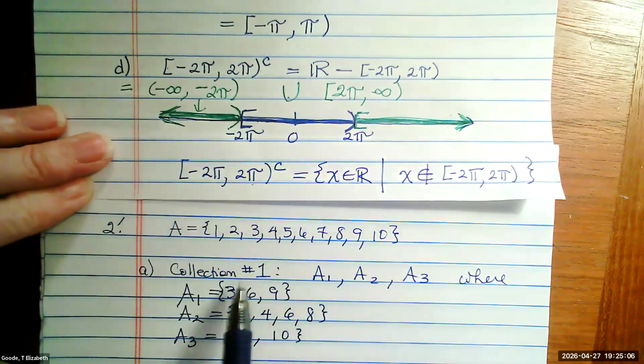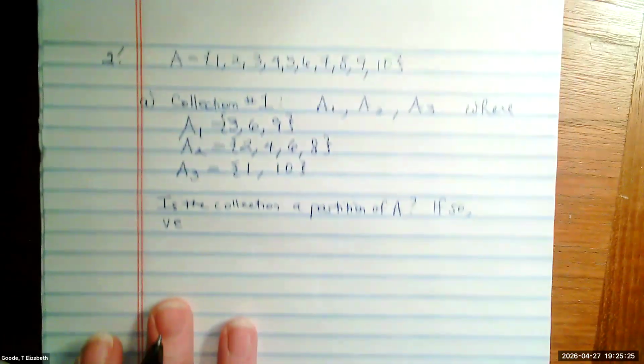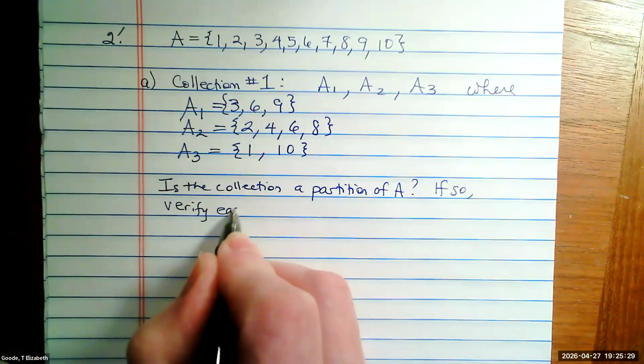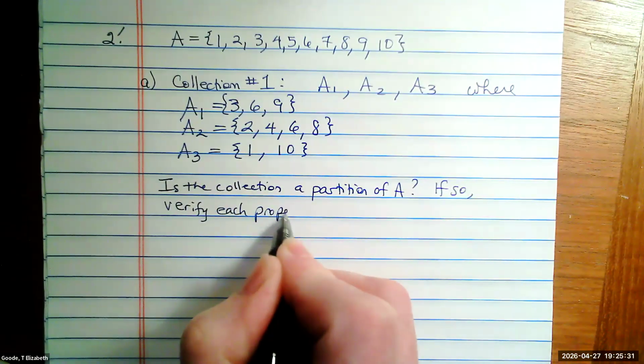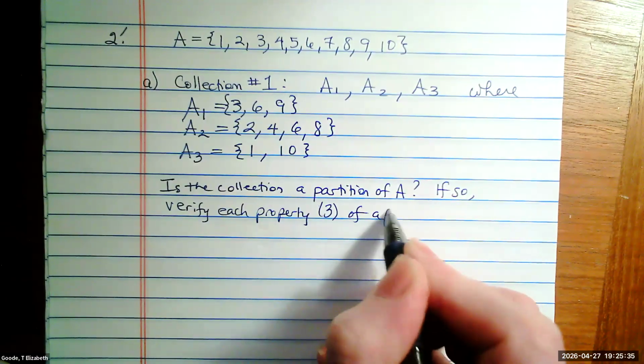Okay, so let's look at this collection. Is the collection a partition of A? If so, verify each property. There are 3 properties of a partition.